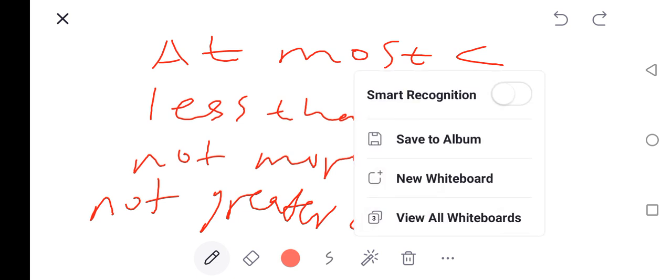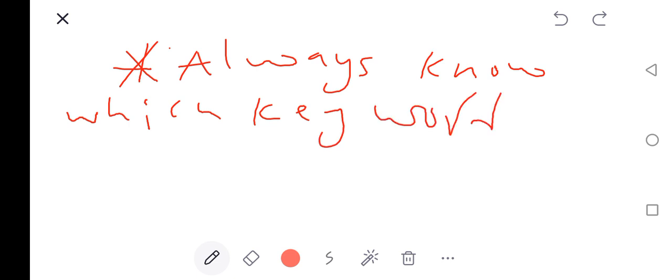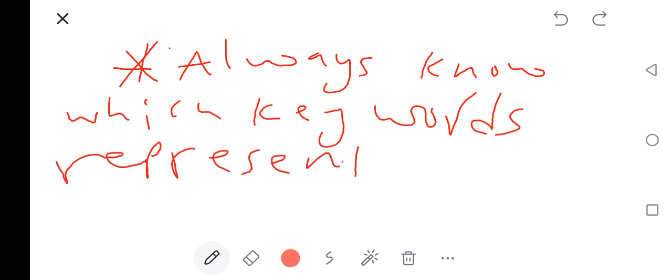And then the last part is: always know which keywords represent X and Y. That one is very important.